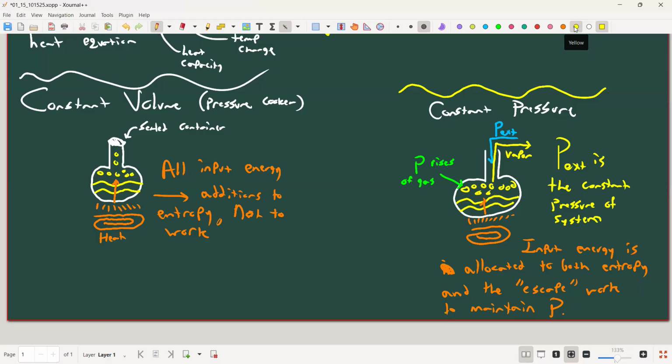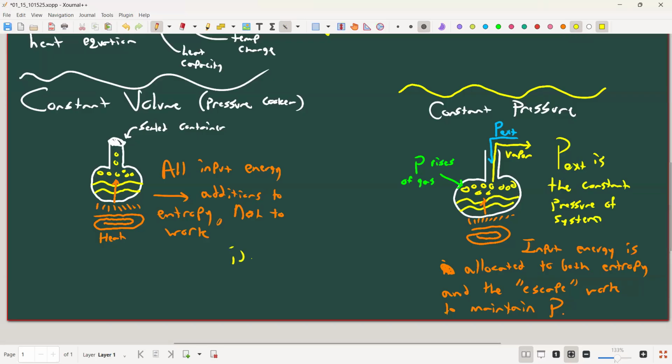So the heat capacity at constant pressure is larger than at constant volume by one motion's equivalent worth of heat. So that means that Cp by definition is always greater than Cv. You can store more heat in this escaping motion.